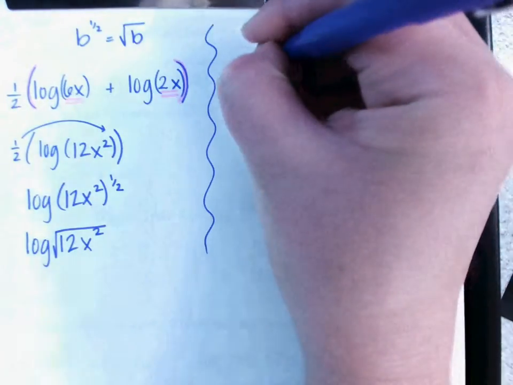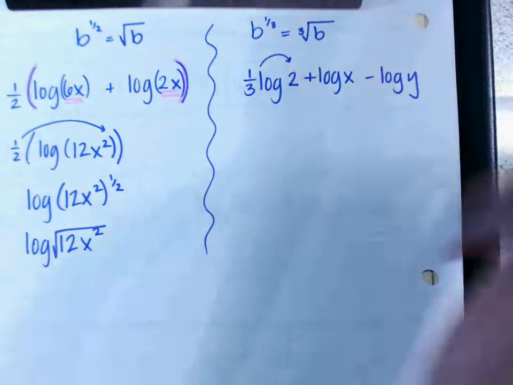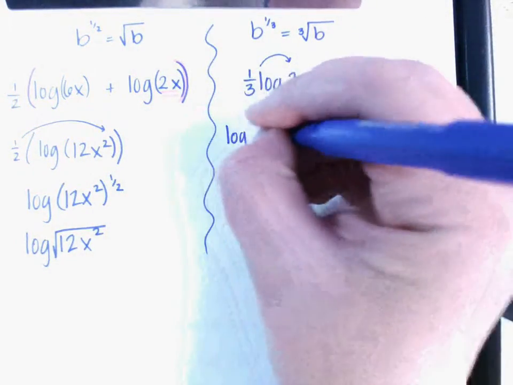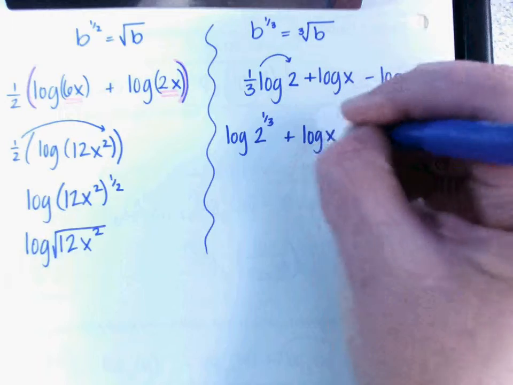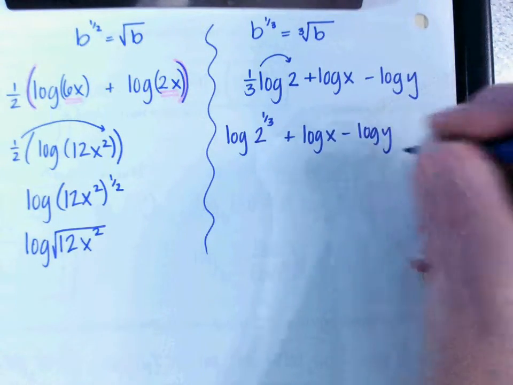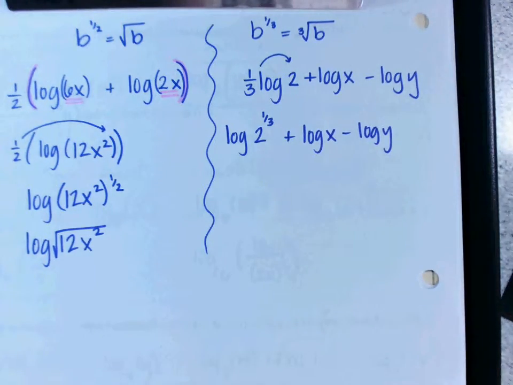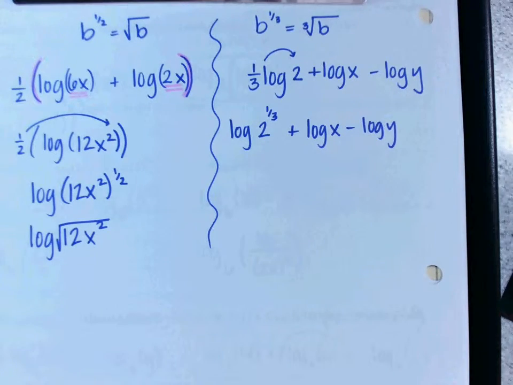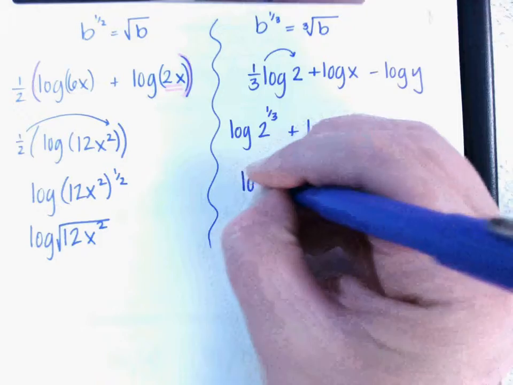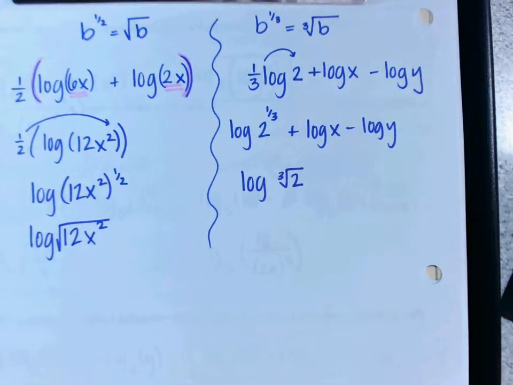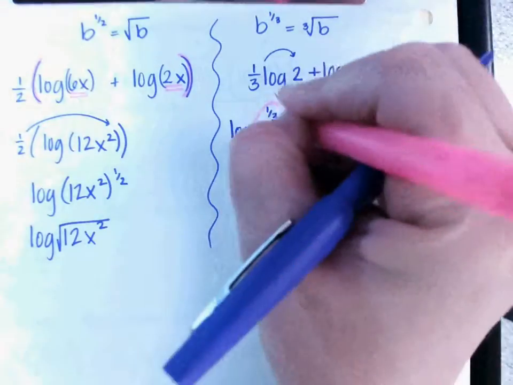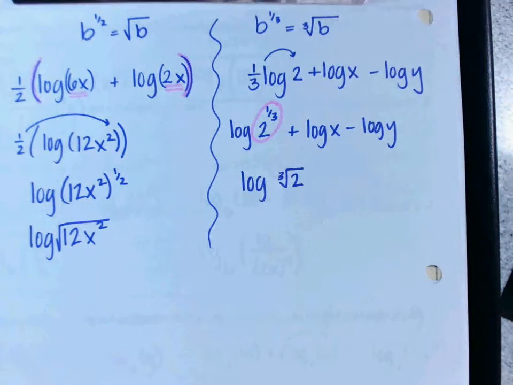So I'm going to move it up here on the top to be a log of 2 to the 1/3 plus log of x minus log of y. Then from there, I'm going to convert my log of 2 to the 1/3 to be a log of cubic root of 2. So remember that any time that you have something to the 1/3, that's going to switch back to be a root.